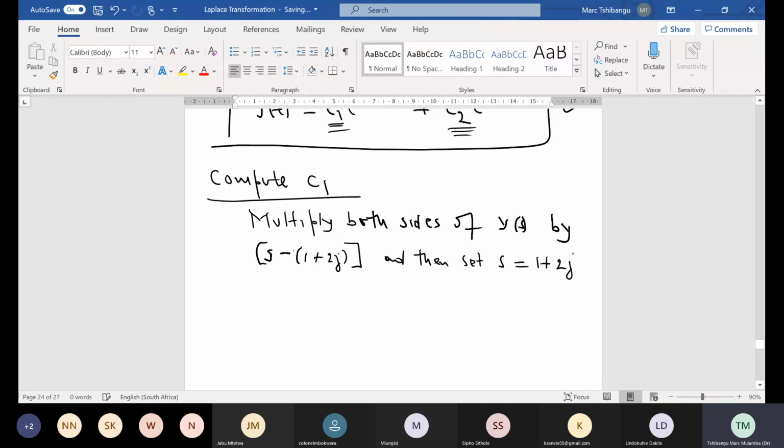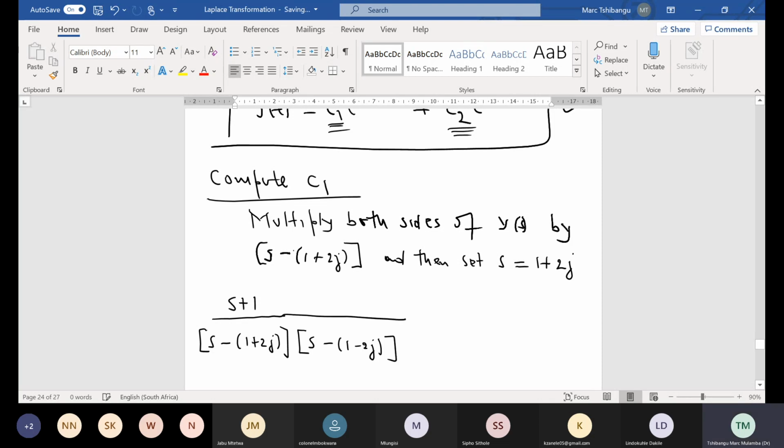So what we do now is we've got s plus 1 over (s minus 1 plus 2j) into (s minus 1 minus 2j).